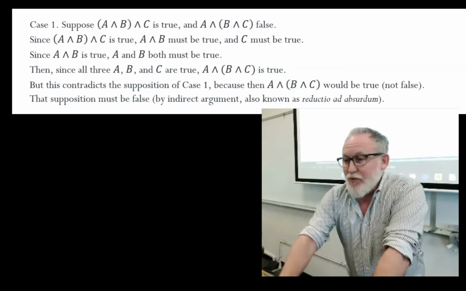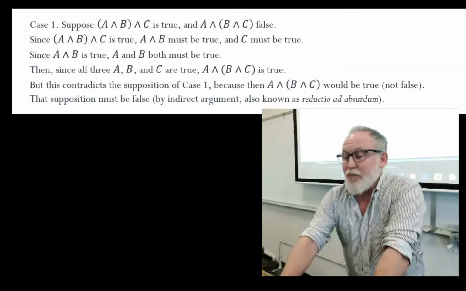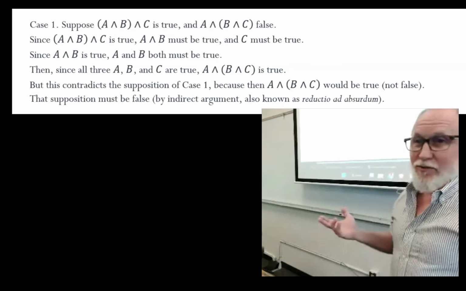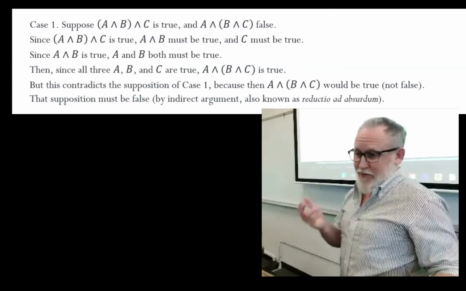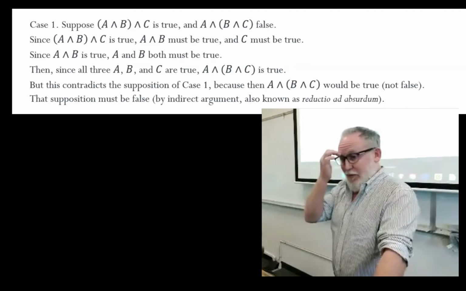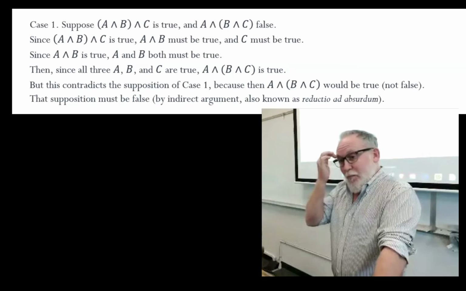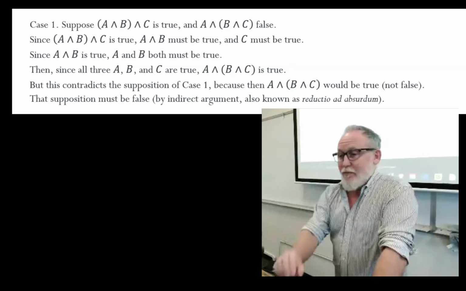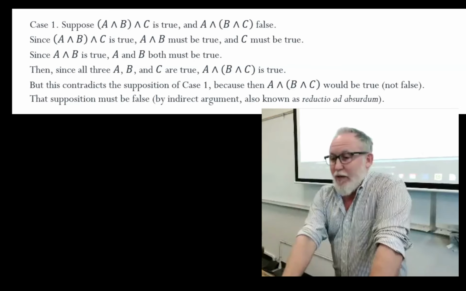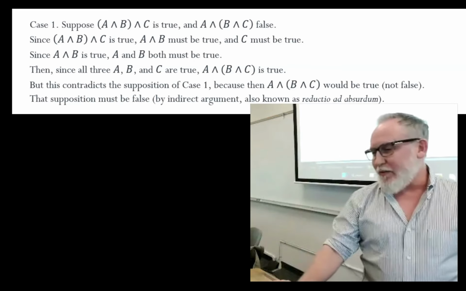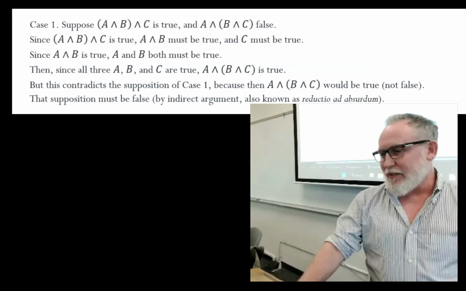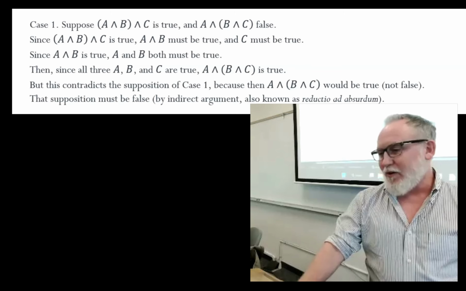Since A and B is true, A and B both must be true. Then all 3 are true. A, B, and C, all 3 have to be true on our supposition of case 1. But this contradicts the supposition of case 1. So this supposition must be false.